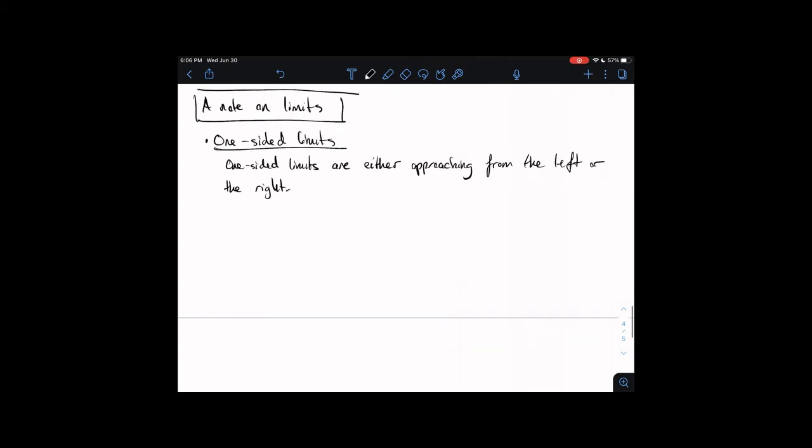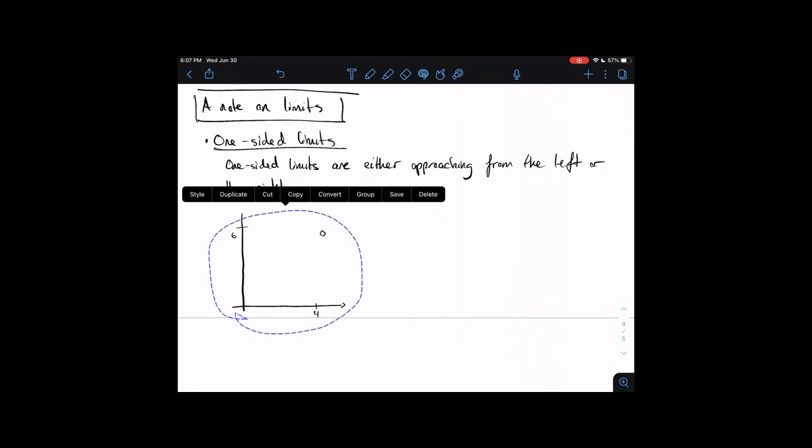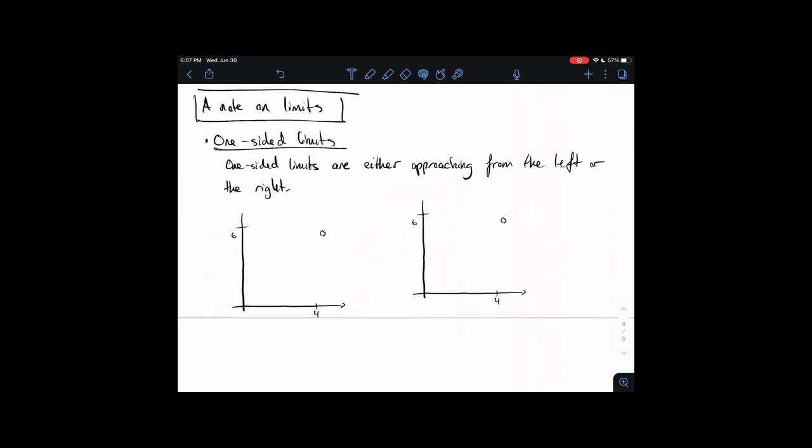So if we have one from the left, let's just give our two examples here. We had this one over here. We'll just copy paste this thing. So we'll put a hole here. So this is the one we just did. So here's what we mean. So here's from the left. And then here's from the right.